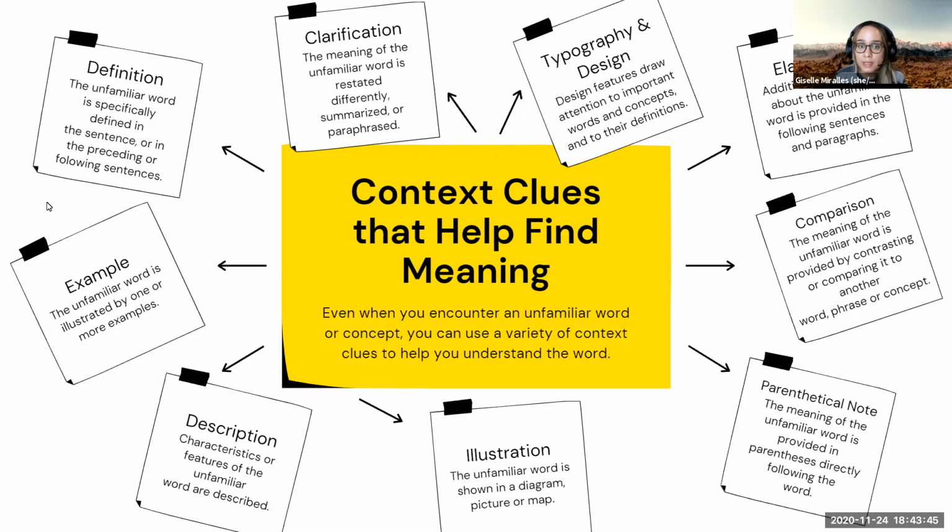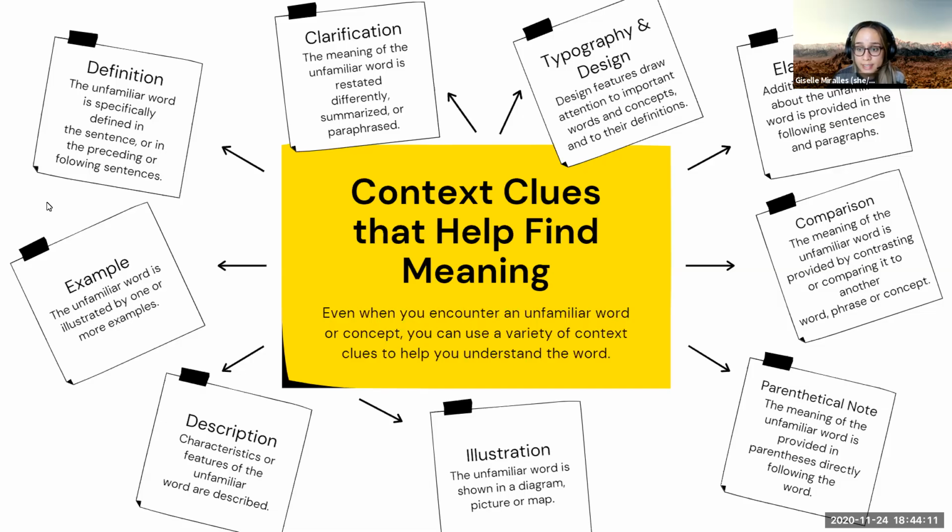So if you see something that says this word, which means, that could be a definition. Sometimes the text will define the word for you. There's also commas that set off a qualifying phrase. So if you see a word and then right next to it in commas is a definition, that's also a version of defining a word.